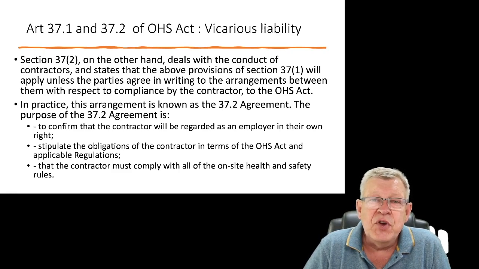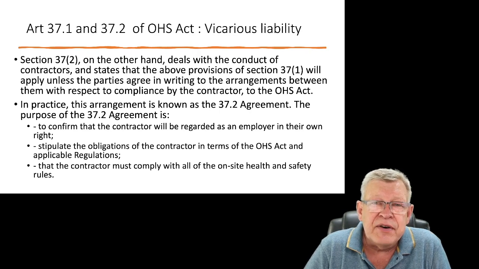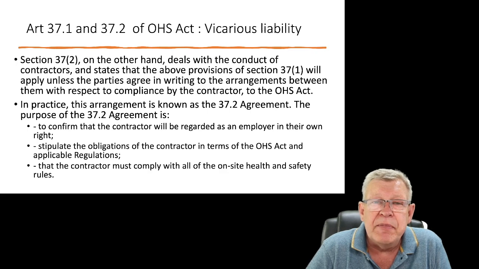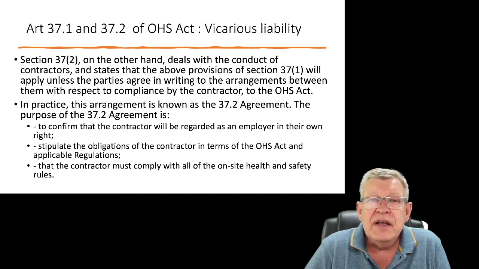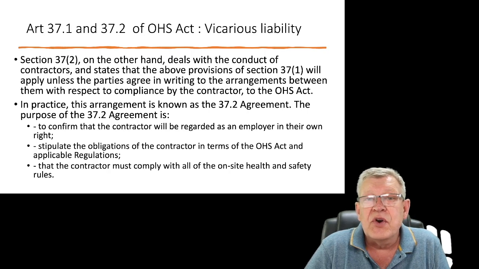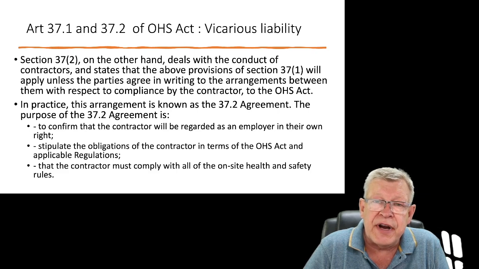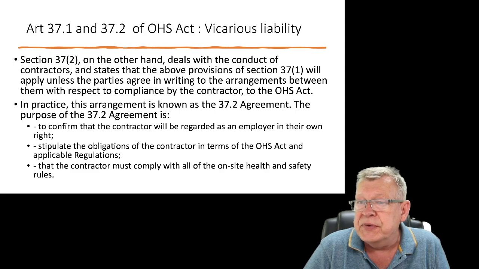So if you do something as a contractor or as an employee or somebody that has been employed by a client, then the client, through Article 37.1, is now also vicariously liable for your acts or your omissions of acts, unless they put a special agreement in place between the client and the contractor. And that is specified in Article 37.2.